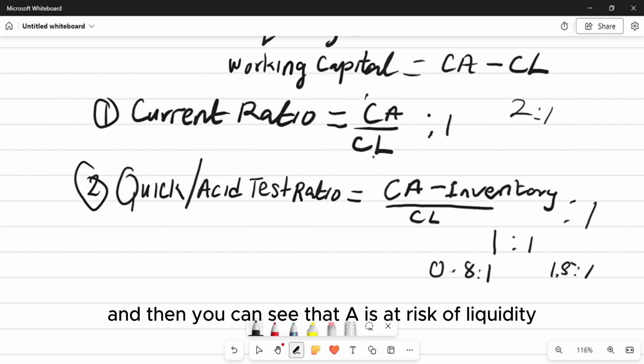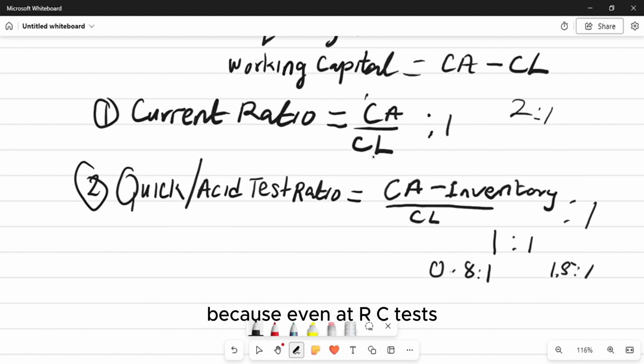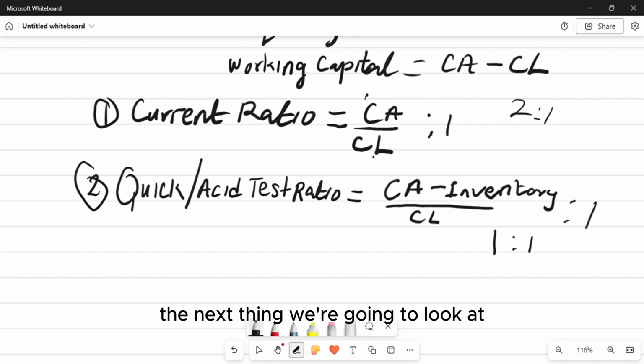And then you can say that company A is at risk of liquidity because even at acid test their liquidity is quite small.